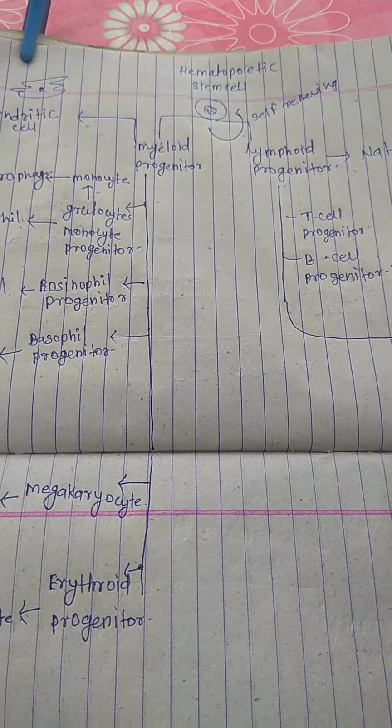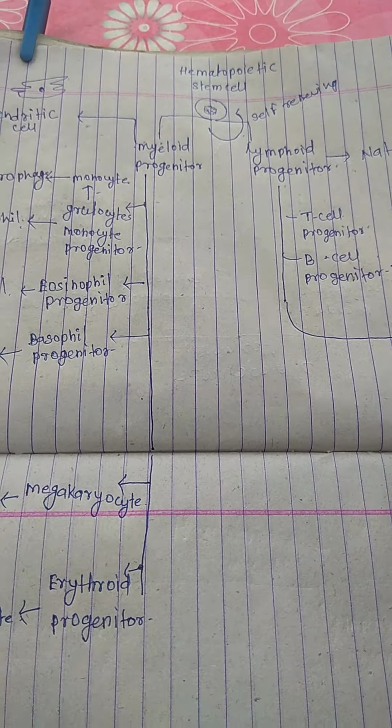These granulocyte, monocyte progenitors can divide into monocytes and after that macrophages, and they can also develop into neutrophils. After that, these myeloid progenitors also form eosinophil progenitors, which form eosinophils.